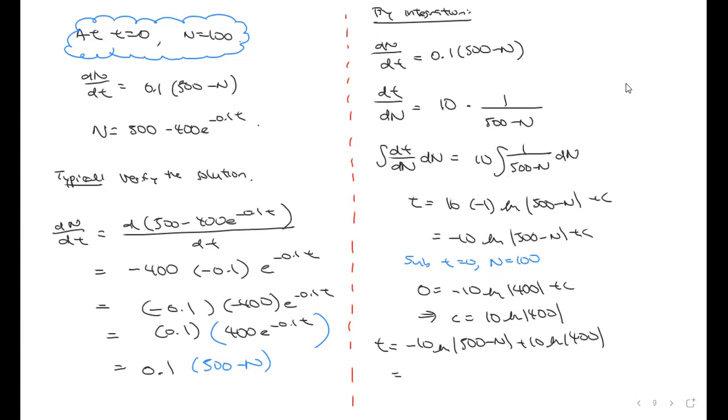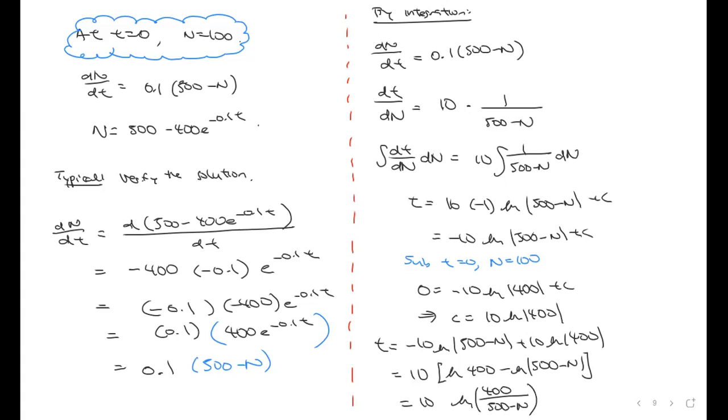You can factor out the 10, and then you'll have log of 400, which is the absolute value of 400, is 400, so it doesn't matter, minus log of 500 minus n. And then log minus log is just log of 400 over 500 minus n. Now, if you assume n is less than 500, then it will just be the same thing.